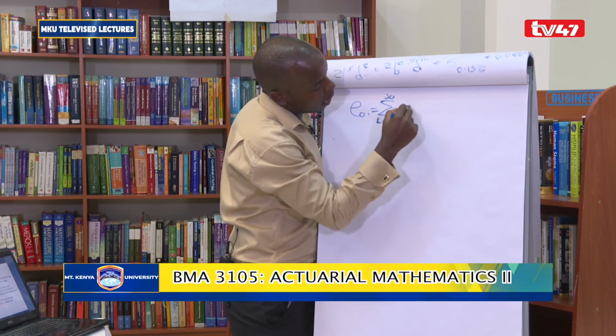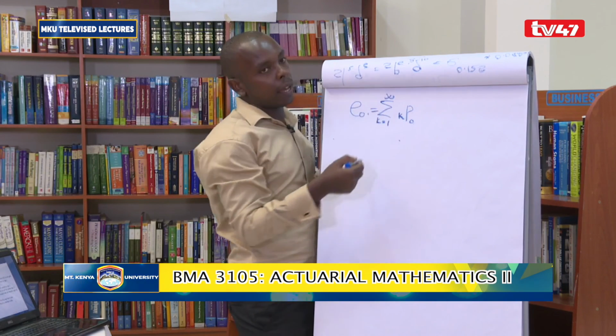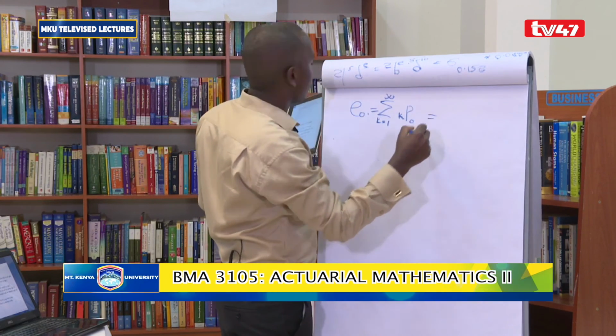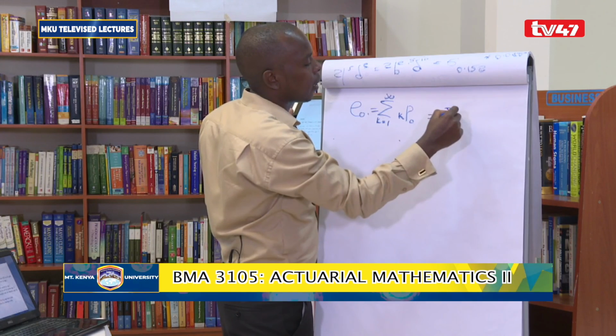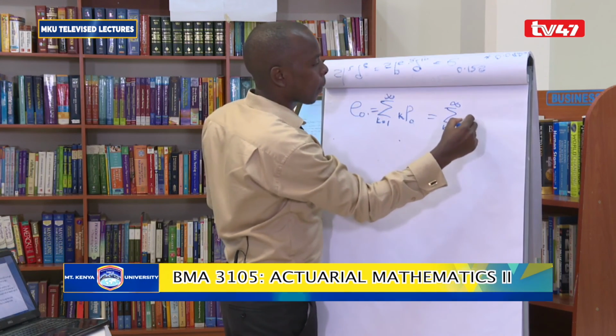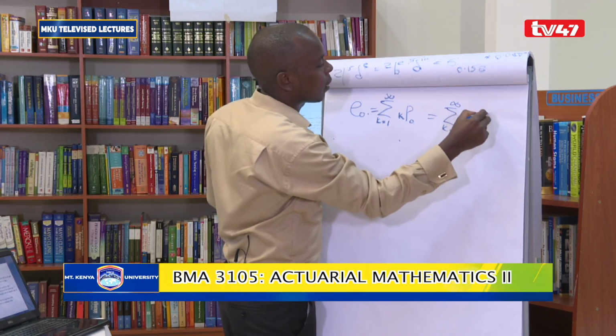Then we have k, the probability that this life 0 will die in the next k years. So this can be simplified and what we have is something like this.